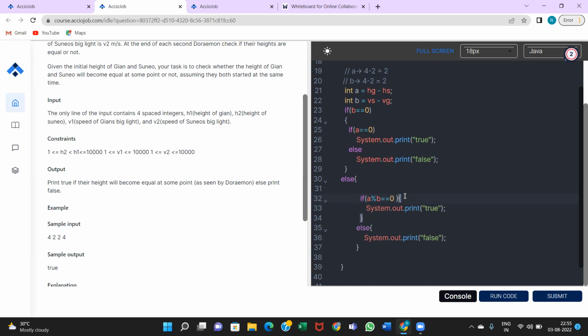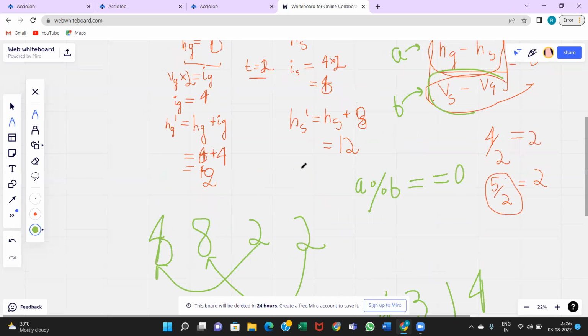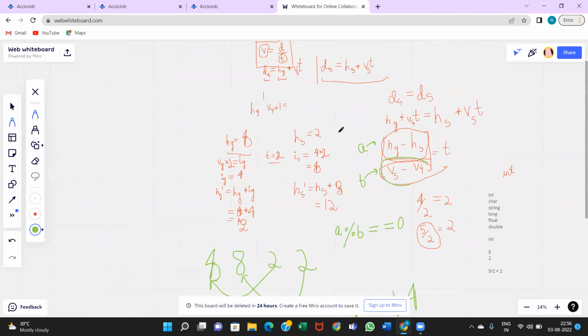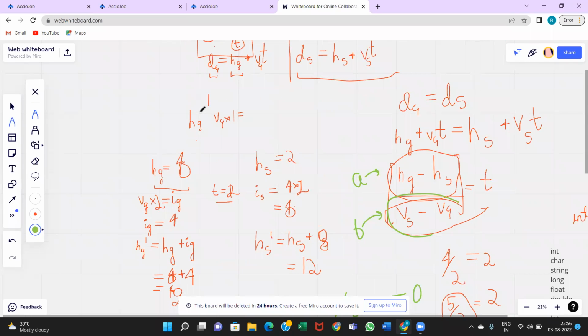Is it clear to you now? We don't need to do this now. Actually, we generated a formula mathematically. Who asked this doubt? Kunal, is it clear to you?